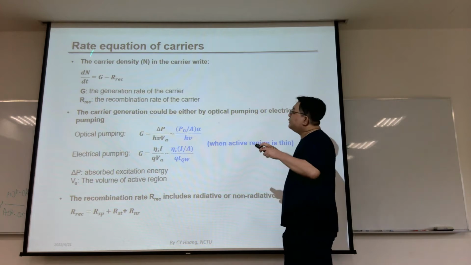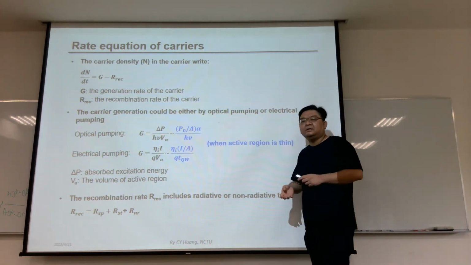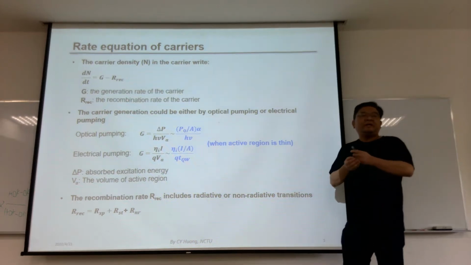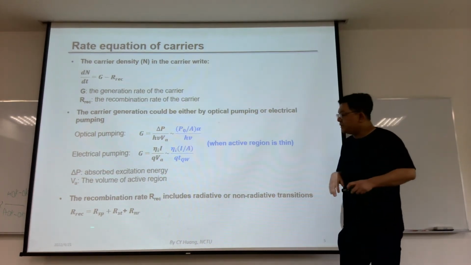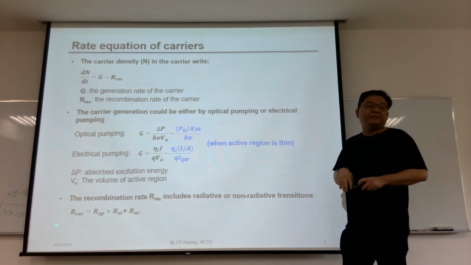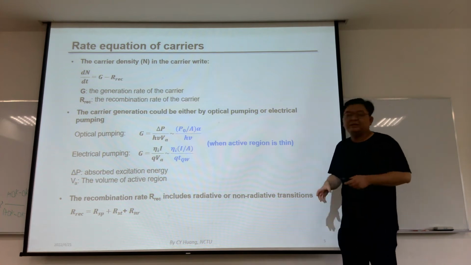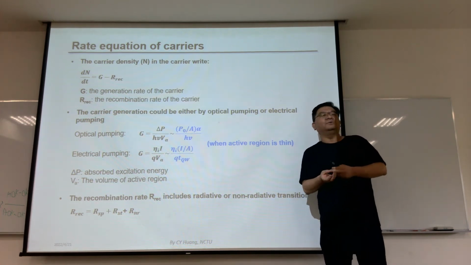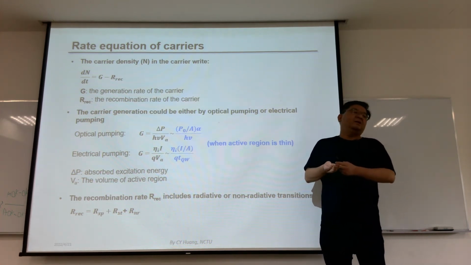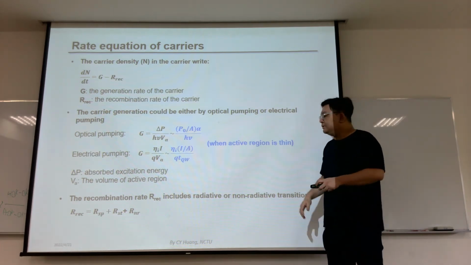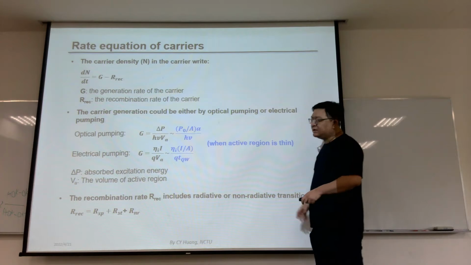Then the recombination term needs to consider all radiative recombinations, including spontaneous emission, stimulated emission, and non-radiative recombination. Non-radiative recombination further includes SRH and surface recombination, and so on.